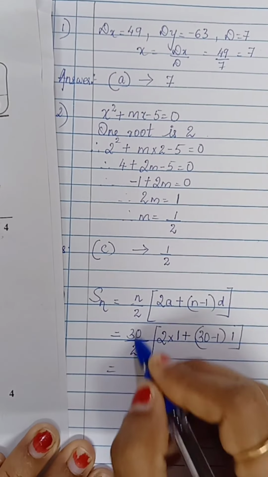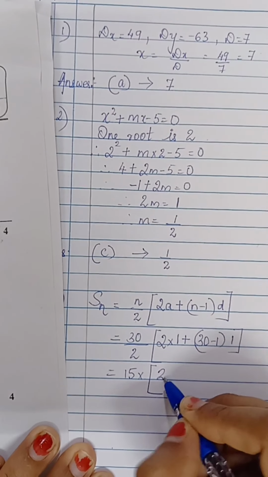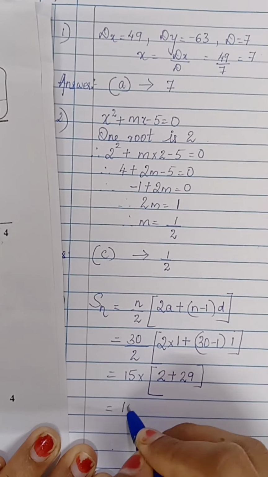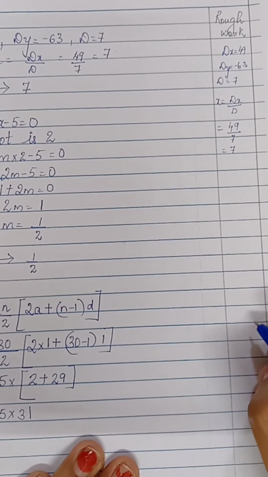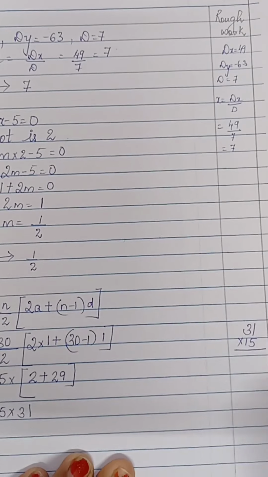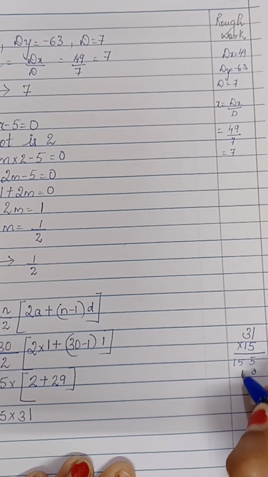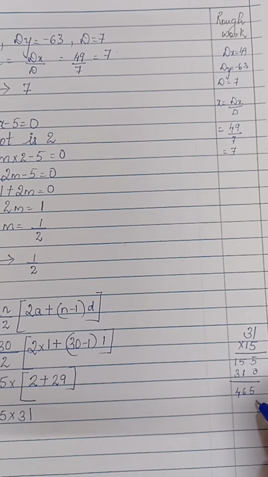Which is equal to 15 into, bracket start, 2 plus 29, which is equal to 15 into 31. I'll do the working here. 31 into 15, please multiply. 5, 15, 1, 3. So I'm getting the answer as 465.